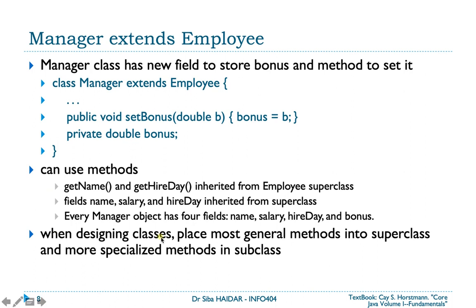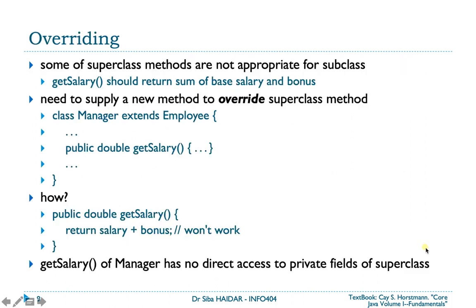When designing classes, you have to be sure to place the most general methods into the superclass and more specific methods into the subclass. We arrive at the title, overriding. Now not only do we inherit the existing features inside Employee, and not only do we want to add new methods and fields inside Manager, but we want to change the behavior of some inherited features.